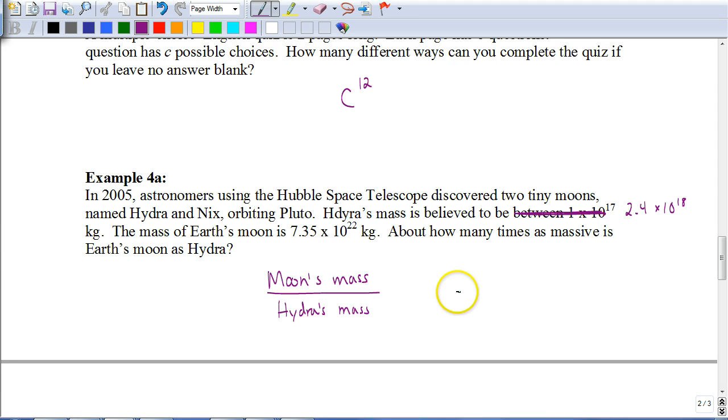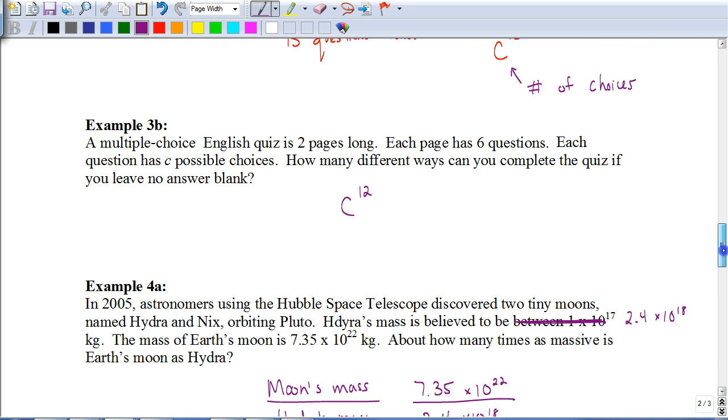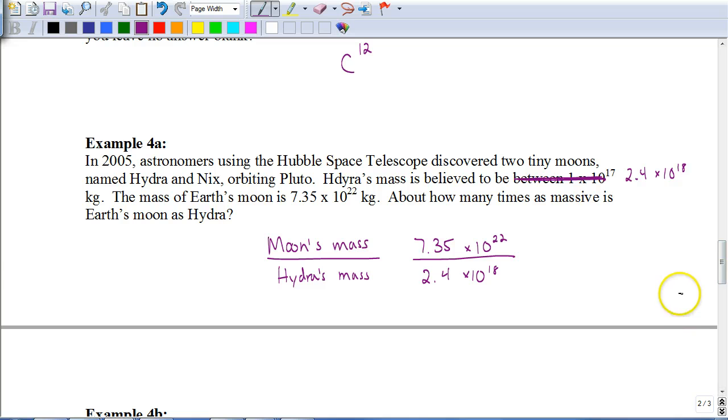So to figure that out, again, our moon's mass is 7.35 times 10 to the 22nd kilograms. Hydra is 2.4 times 10 to the 18th. So remember, one of the previous rules that we talked about was that when the bases are the same, we subtract the exponents.